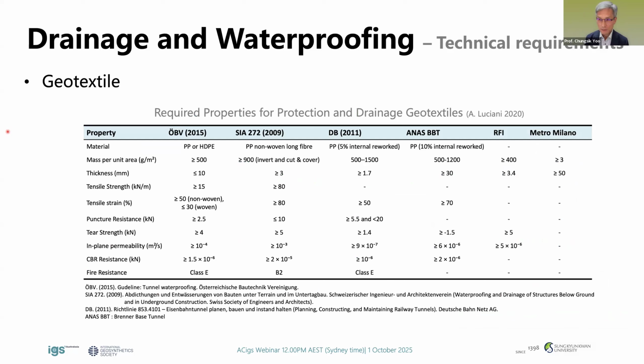As you can see, although specific values may differ by country or agencies, they consistently require geotextiles with sufficient mass per unit area, tensile and puncture strength, and in-plane permeability. Okay, so most standards specify polypropylene materials, and the transmissivity values typically ranging from 10 to the minus 6 to 10 to the minus 3 meters squared per second, depending on the application.